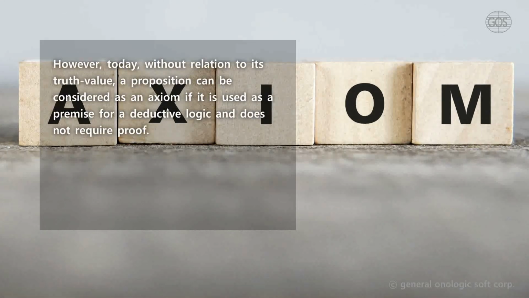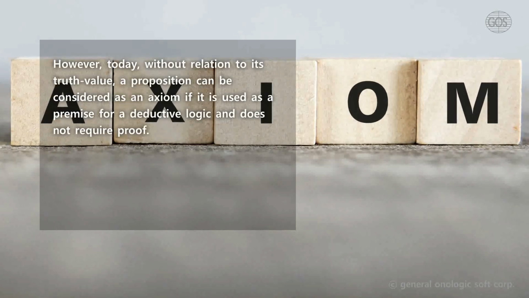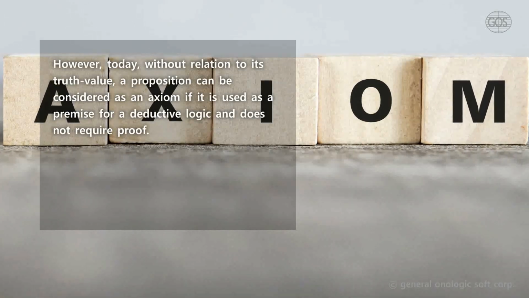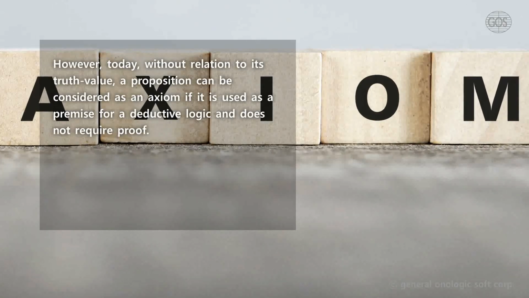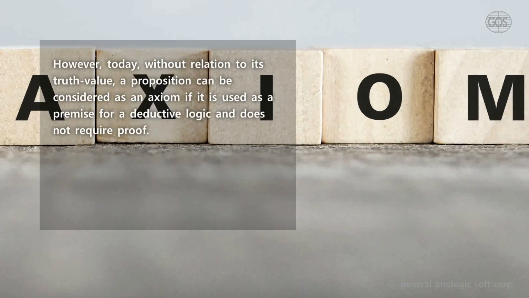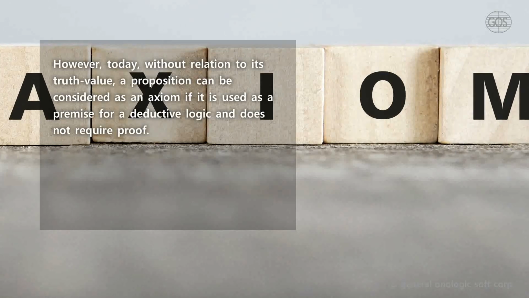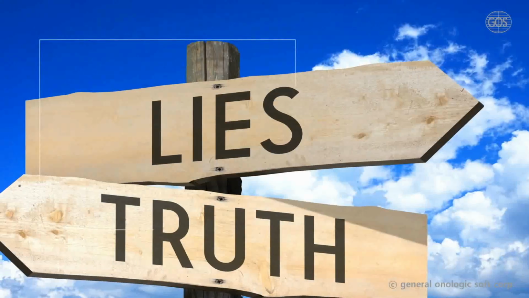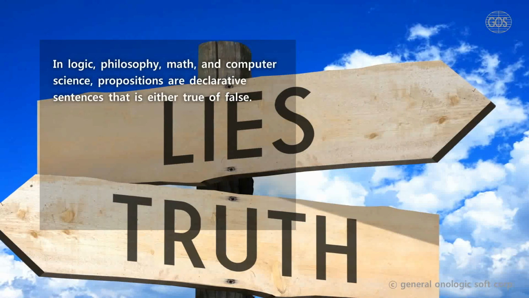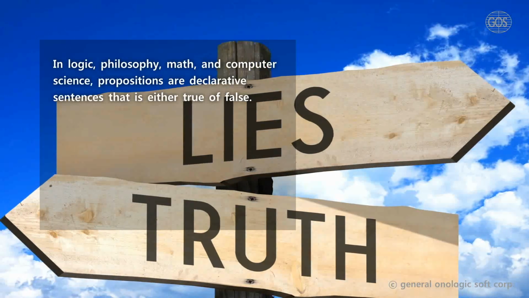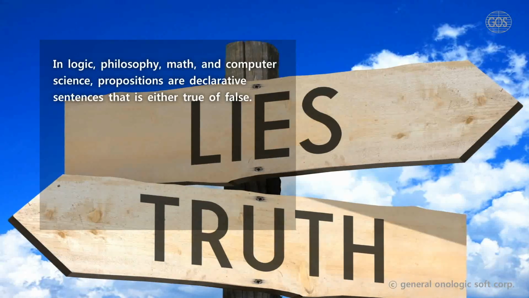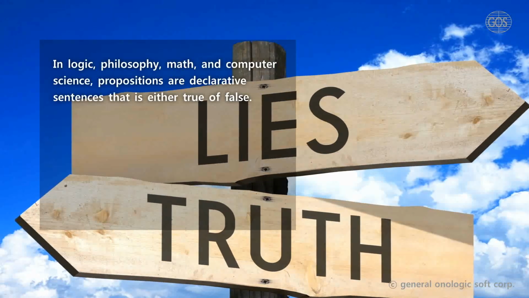However, today, without relation to its truth value, a proposition can be considered an axiom if it is used as a premise for a deductive logic and does not require proof. In logic, philosophy, math, and computer science, propositions are declarative sentences that are either true or false.